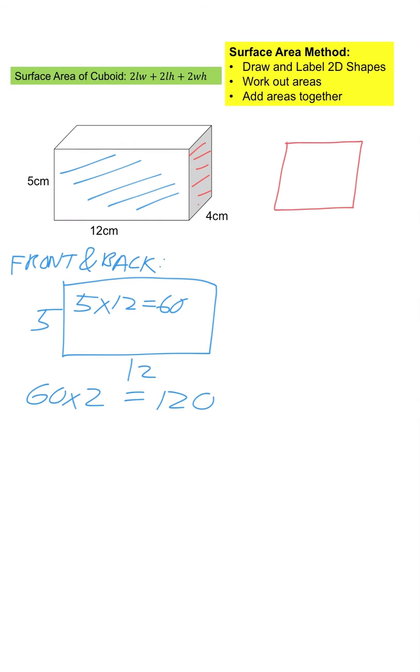So for that one, we have the width of 4 and then the height of 5. So 5 times 4 is 20. And then remember, we need to times by 2 because we have a right side and a left side. So 20 times 2 will be 40.